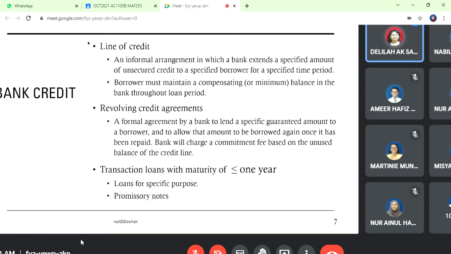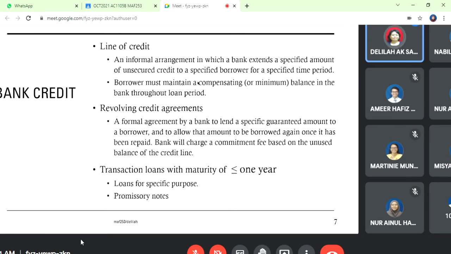Our focus will be on this line of credit here. It is sufficient for us to know that this is an informal arrangement. This type of credit is unsecured, that means we borrow without collateral.